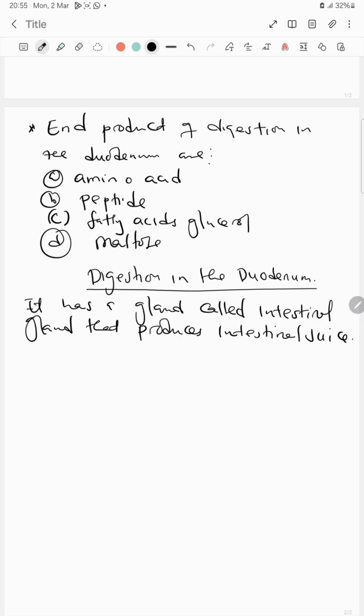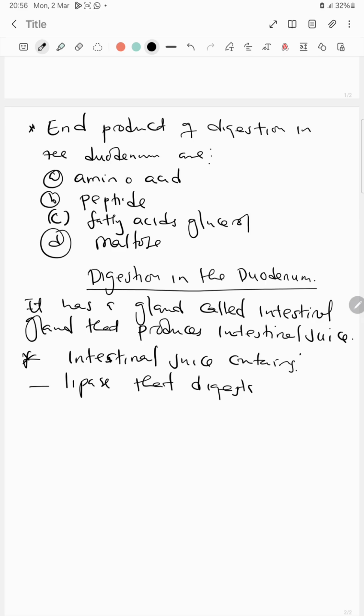This intestinal juice contains lipase that digests the remaining fats into fatty acids and glycerol.